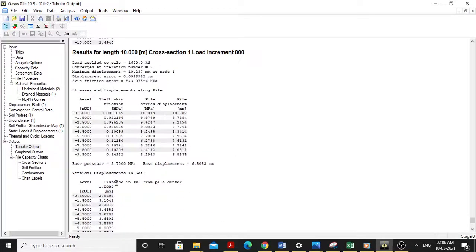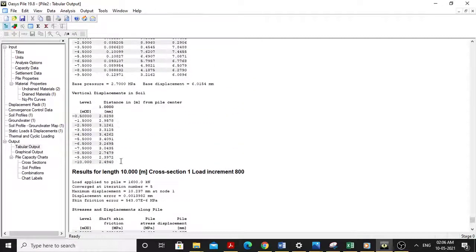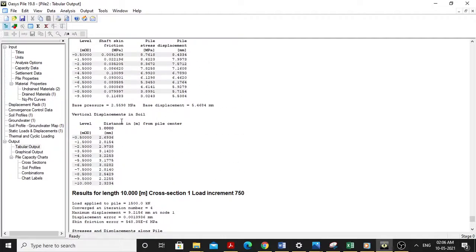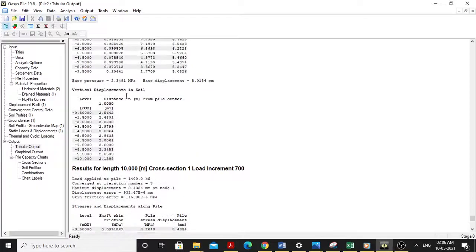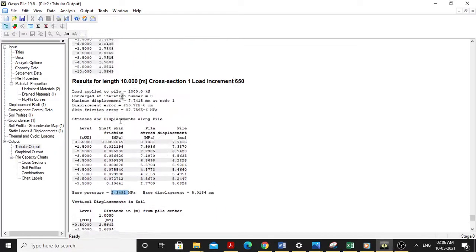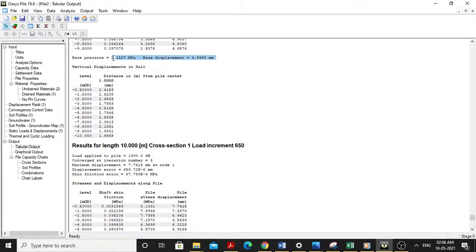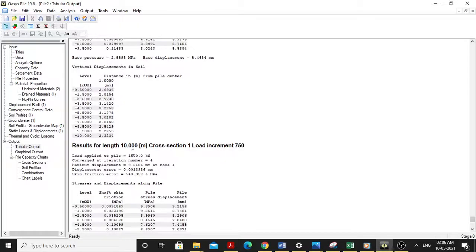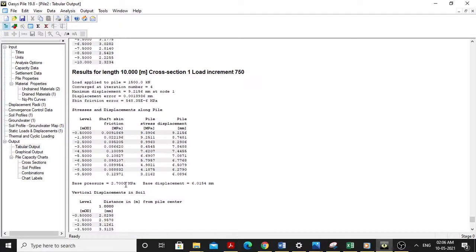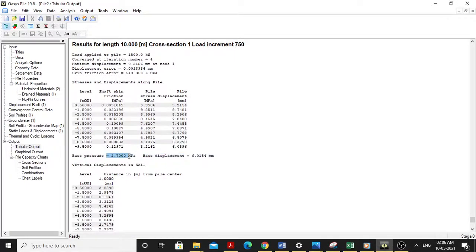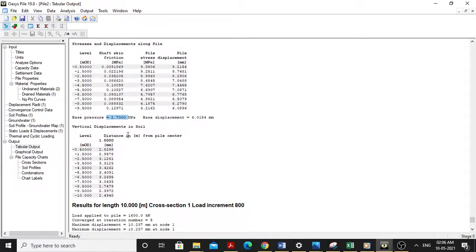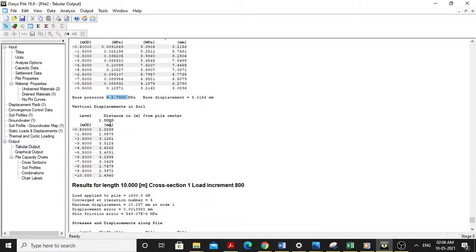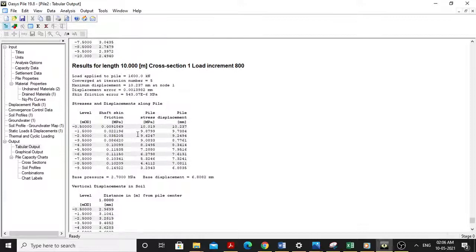Prior to it it was 2.5598, and previously 2.3491, so the stress was increasing with increasing load, but at a certain point it became constant. That is the failure point. Now the soil or the pile won't resist much more load.